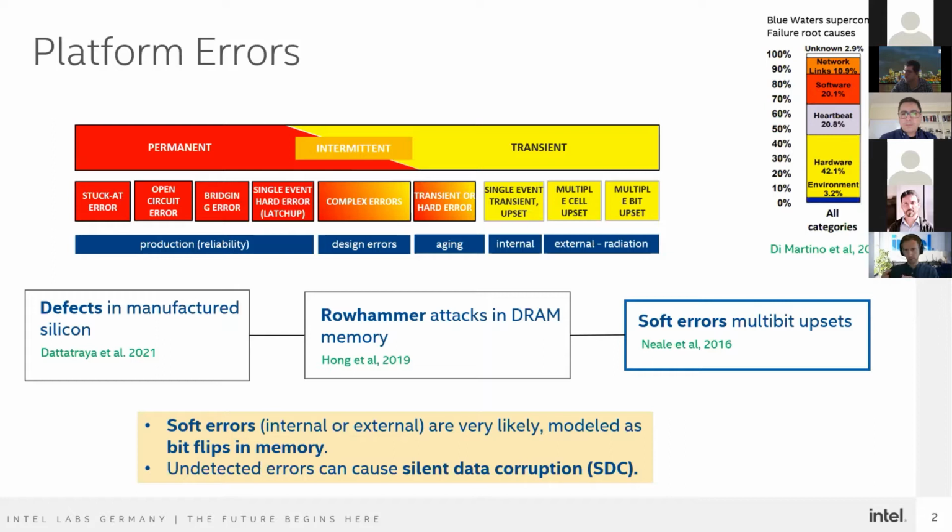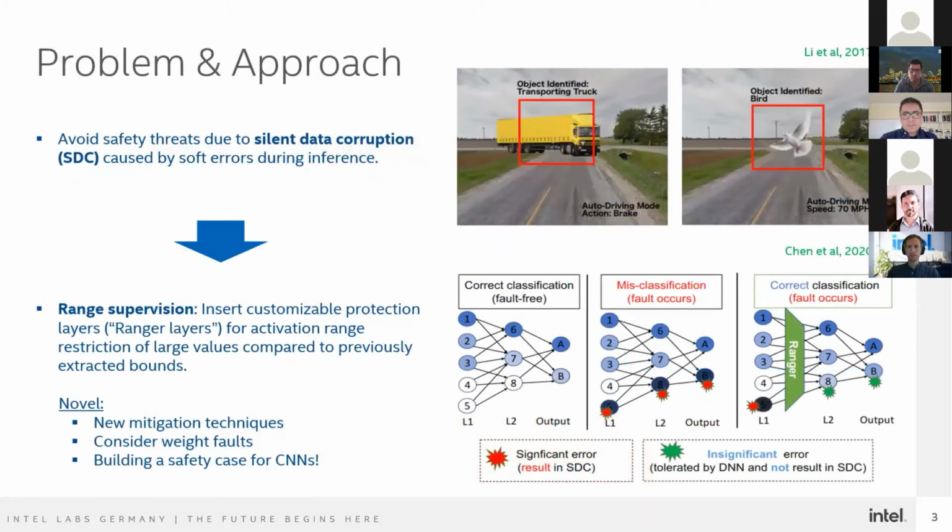And if the memory element holds a value that is relevant for the neural network, for example, a learned weight parameter, then we will get an error. We talk here about silent data corruption because we have incorrect behavior which is not signaled in any way. So we would like to avoid that such silent data corruption events affect the safety of our DNN application.